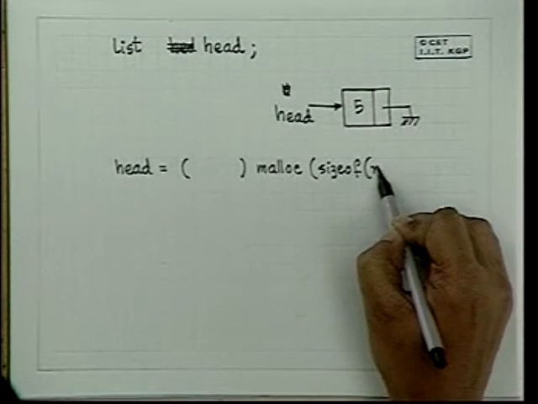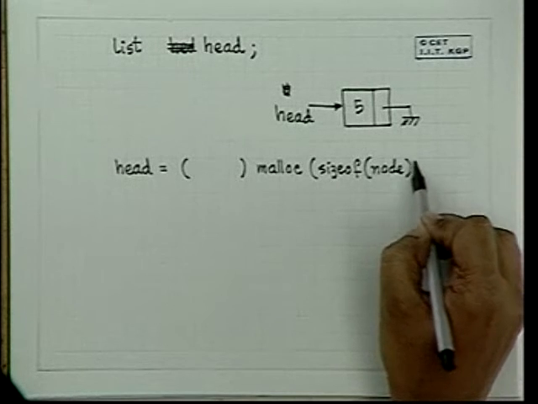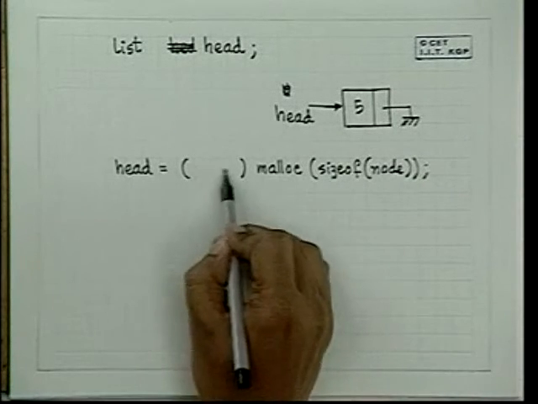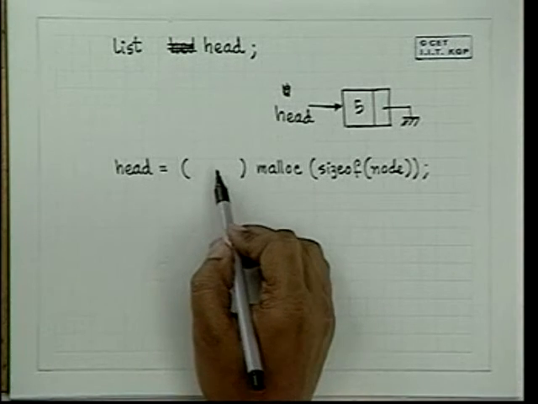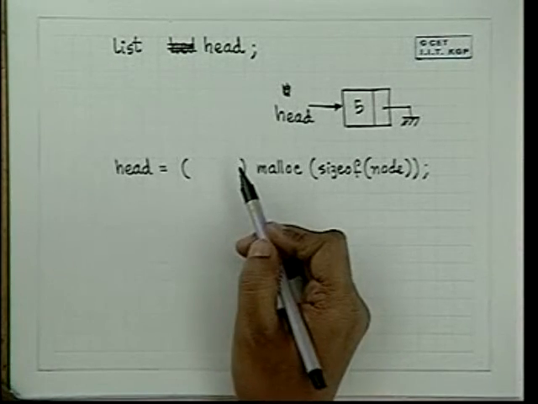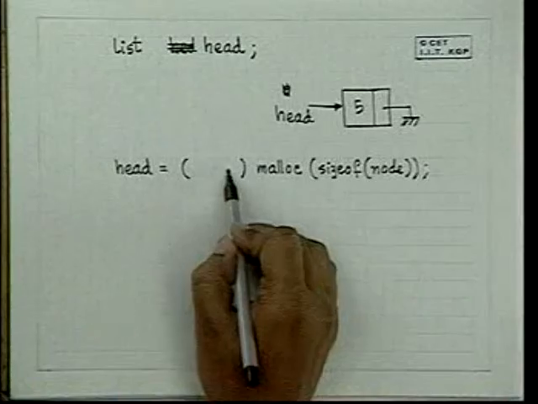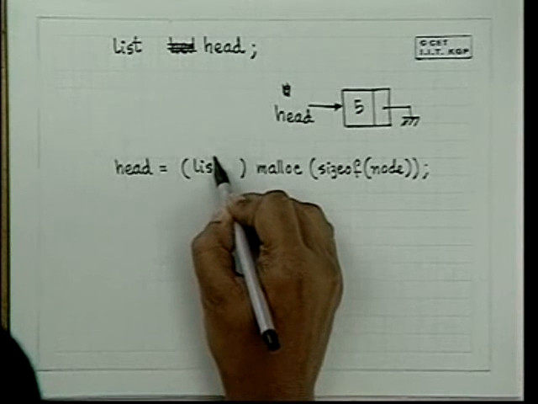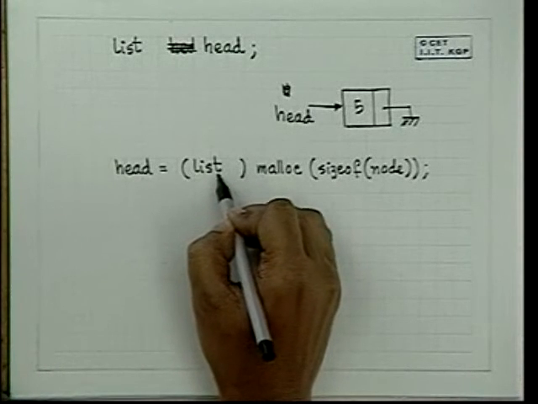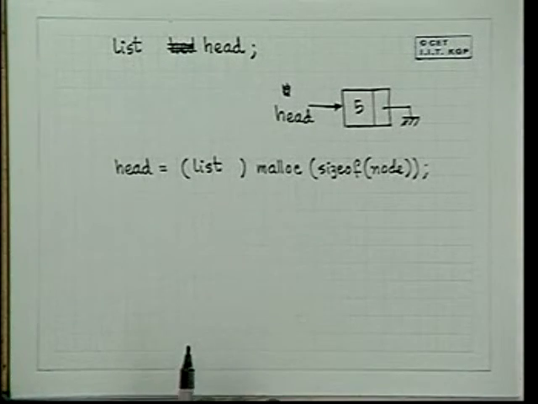So size of node. And can you tell me what this will be? Node star or list? We have defined list to be node star type. So either you can write node star or you can write list. But since we have made a type of list this way, we will call it list.